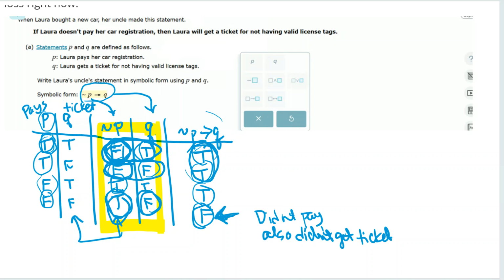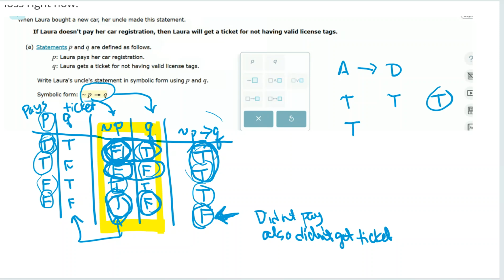Here's an example. Suppose I tell a class, if everybody gets an A on their quiz, I will bring donuts. A on the quiz implies I will bring donuts. Well, if everybody gets an A on the quiz and I bring donuts, then I told the truth, right?